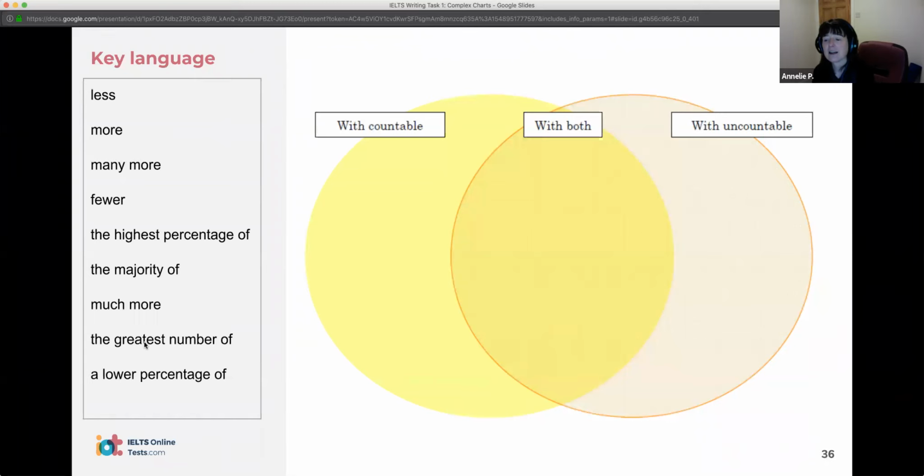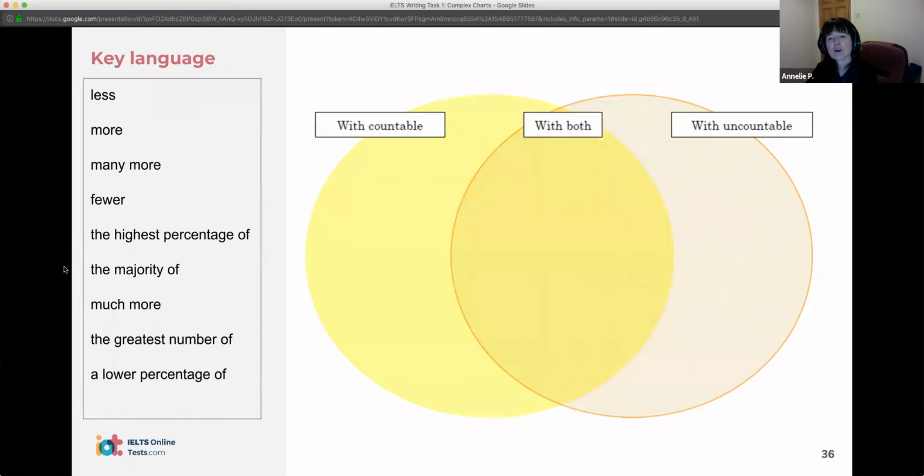Okay, countries? Okay, very good, countable. Okay, what about employment? Yeah, not countable, sorry, uncountable. Okay, very good. Okay.